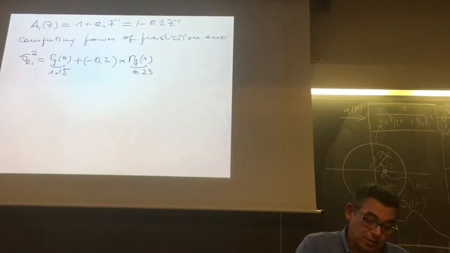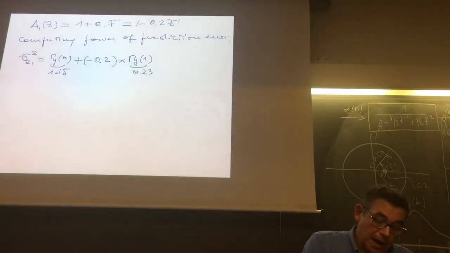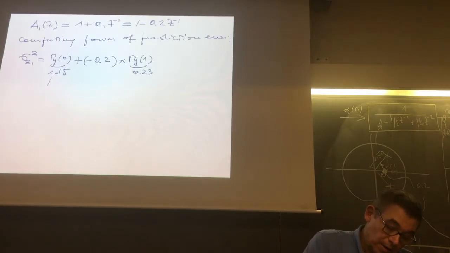Now, look at what has happened here. R_y(0) is the power of the input to the linear predictor.